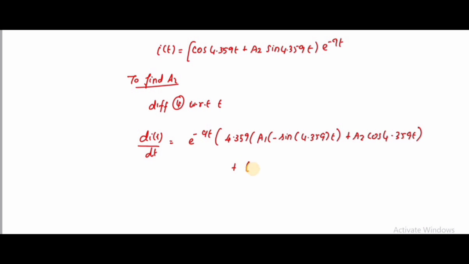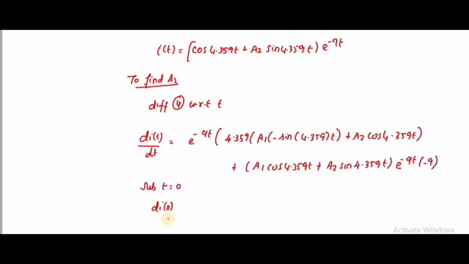Then you keep the first part the same and differentiate e power minus 9t, which gives e power minus 9t into minus 9. So you substitute t equal to 0.